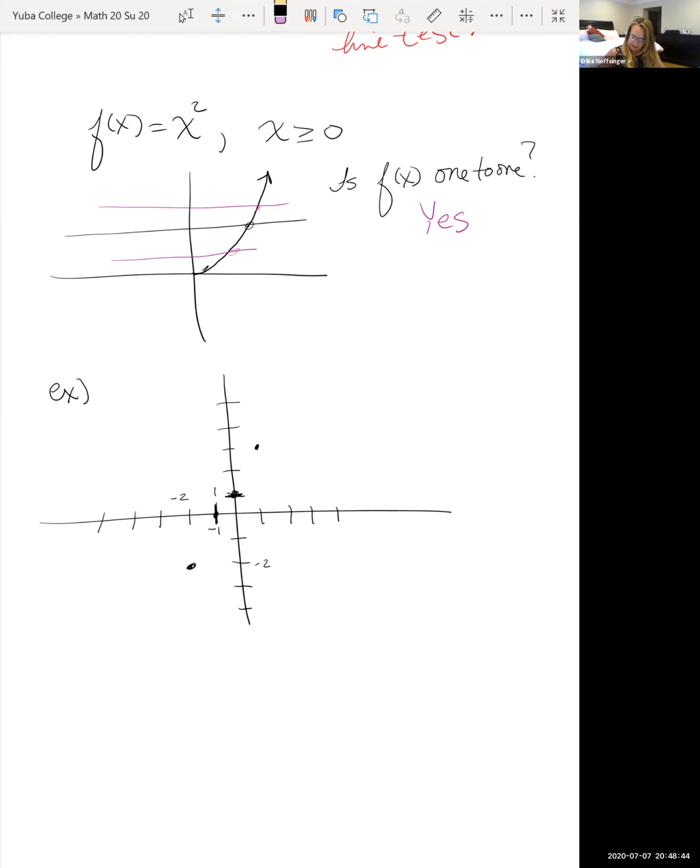It's not forming the same shape. That's why, because I was at 1, 3.